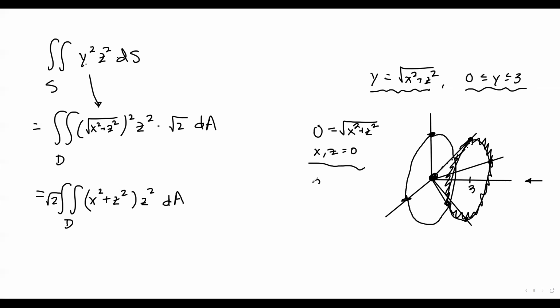And then the outermost part of the object will be at y equals 3, so 3 equals the square root of x squared plus z squared, which gives us 9 equals x squared plus z squared. What we have here is a circle of radius 3. So our x and z values are going to go over the inside of this circle of radius 3. Sorry, this bottom half is so ugly. It's a little bit better.